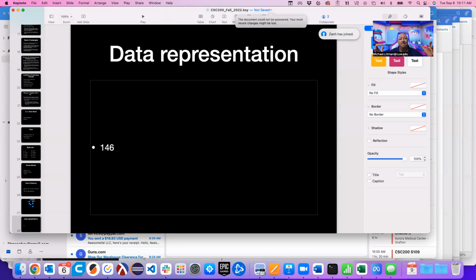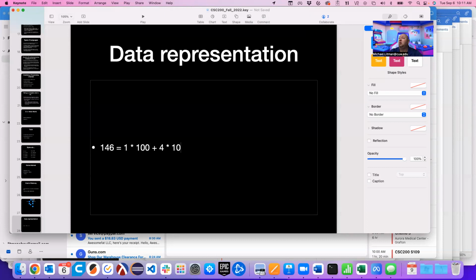All right. So when I say 146 like this, let's break this down. 146 just in and of itself. Well, this is 1 times 100. So I have a 1 in the 100s place. This is the 1s place, the 10s place, and the 100s place. So I have a 1 times 100 plus a 4 times 10.